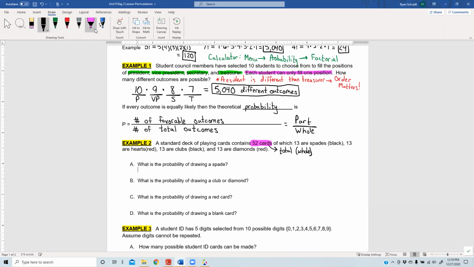A asks us about drawing a spade. Well, how many spades are there? 13. So the probability would be 13 over 52. So how many we want? We want a spade, that's 13 of them over the whole.